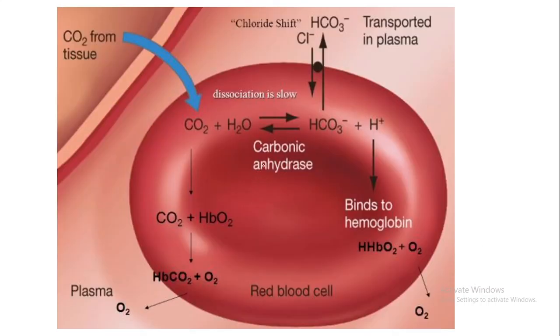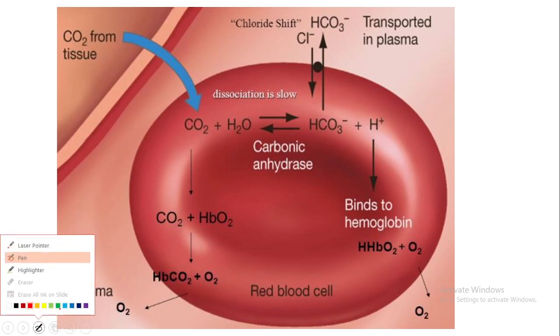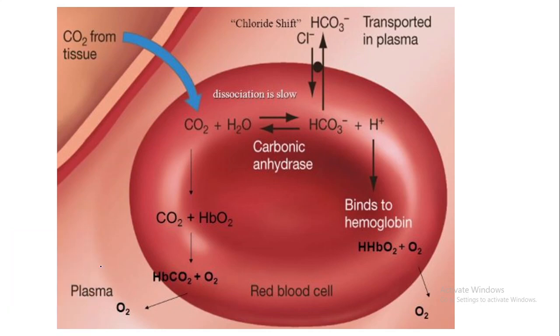Coming to the chloride shift concept that I've already explained, let's have a quick look again. CO2 from tissues comes into the RBC. CO2 associates with water to form carbonic acid, or hydrogen carbonate, which is an ionic form.